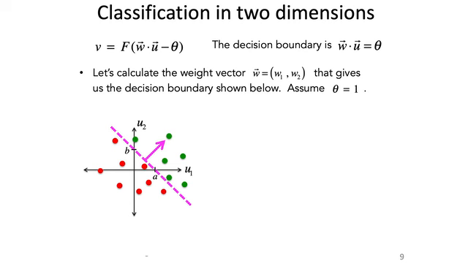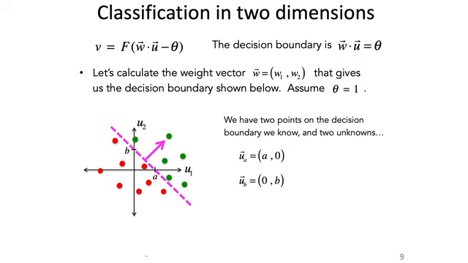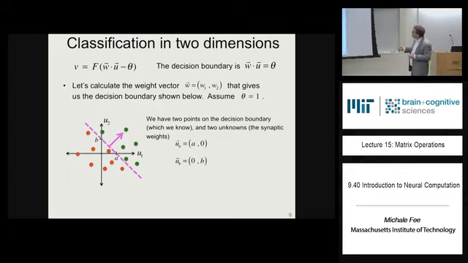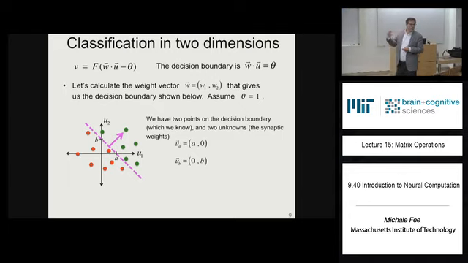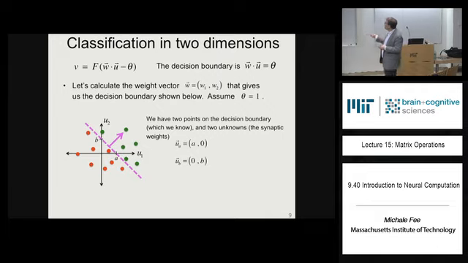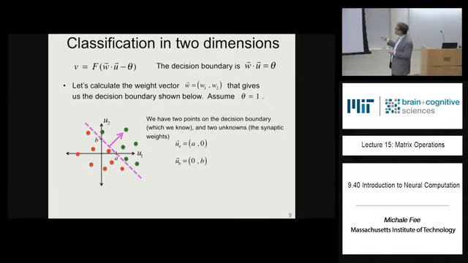Okay, so we can calculate that weight vector. We assume that theta is some number, let's just call it 1. We have an equation for a line, W dot U equals theta. That's the equation for that decision boundary. We have 2 knowns, the 2 points on the decision boundary that we can just read off by eye, and we have 2 unknowns, the synaptic weights W1 and W2.